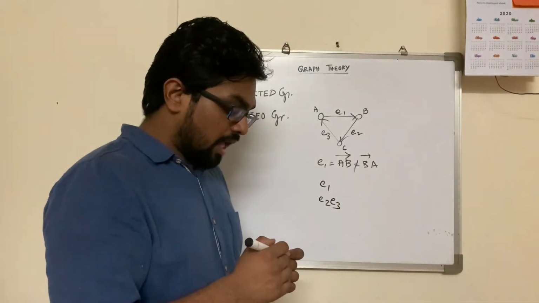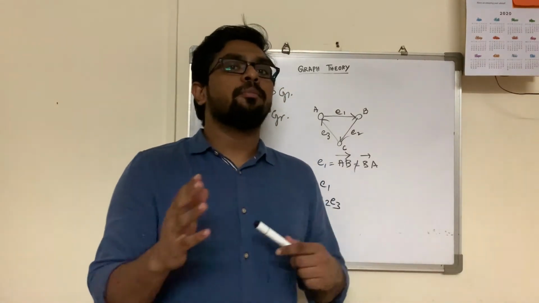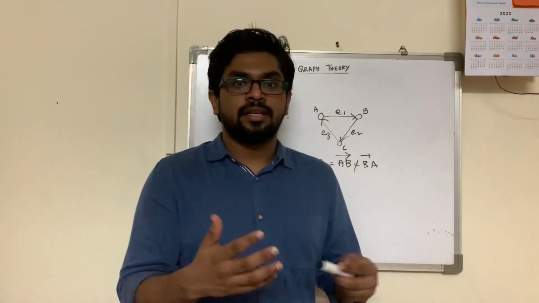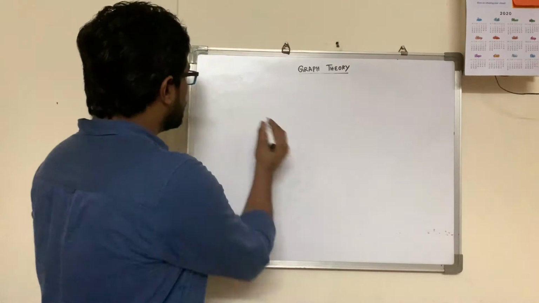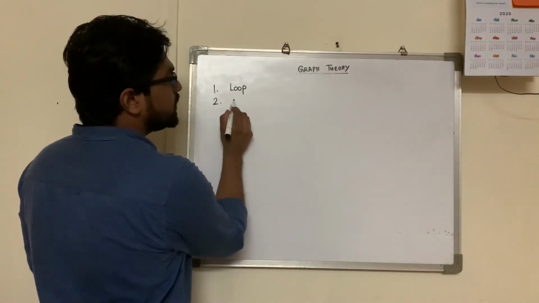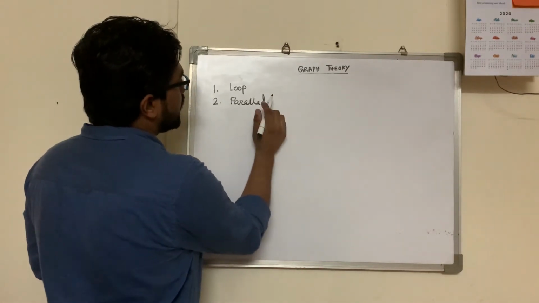Well, after this, we will talk about two things which are not types of graphs, but on the basis of which a few graph types are defined. So what are those things? One is the loop and the second is the parallel edge.